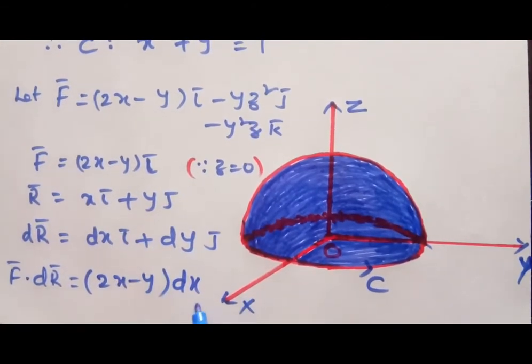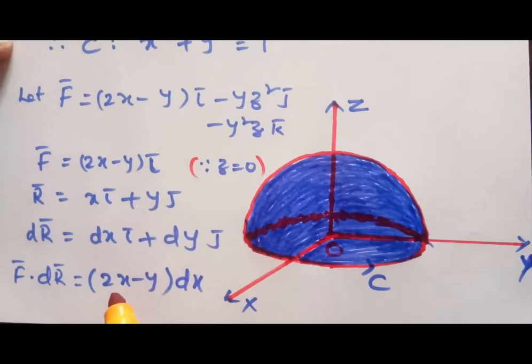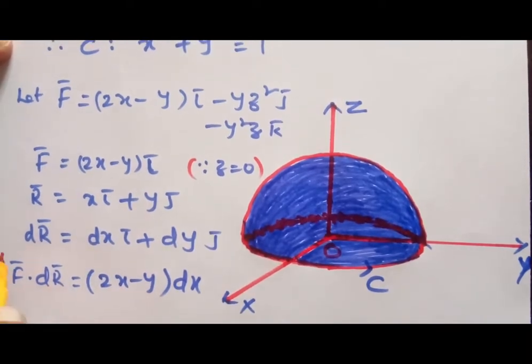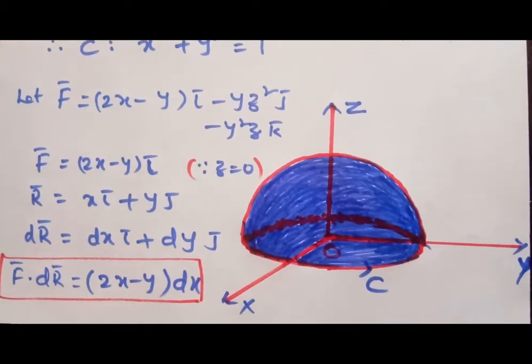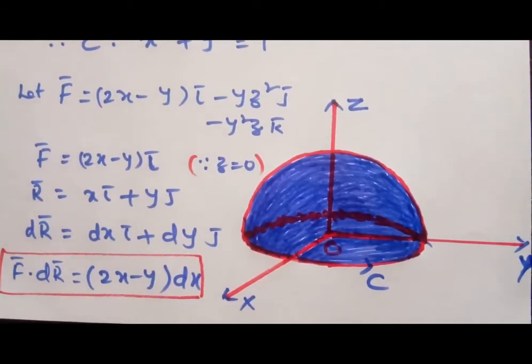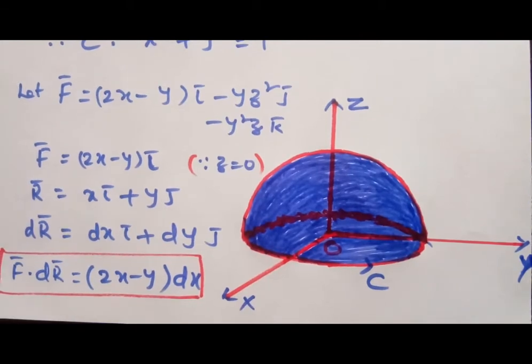Now integrate this F bar dot dr bar along the curve C, where C is the circle centered at origin and radius is 1 unit.